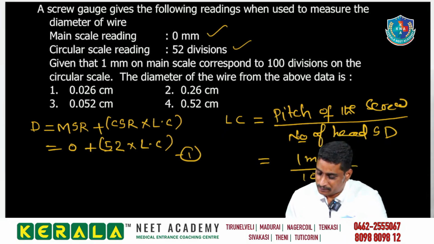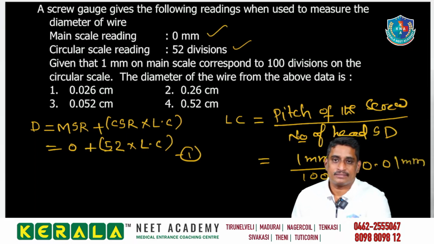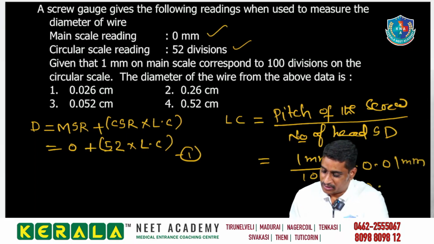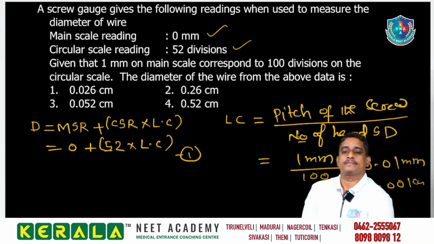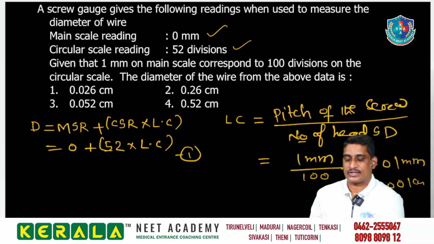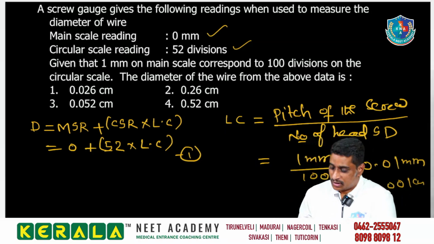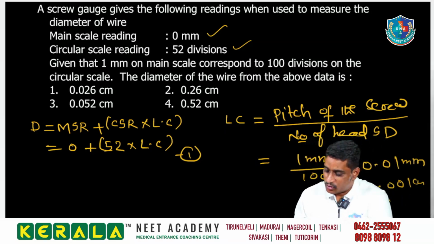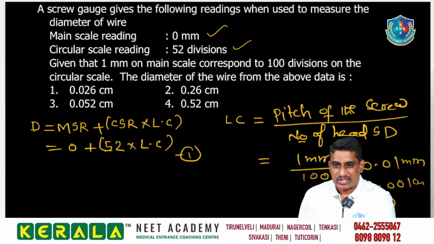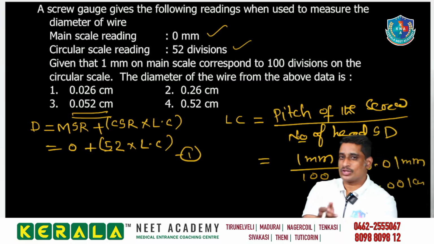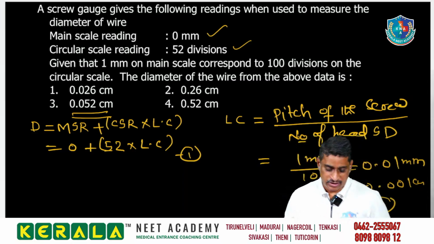Therefore, this will become 0.01 millimeters we are getting. By converting into centimeters, it will become 0.001 centimeters we will get. By substituting this value of least count in the first equation and solving this, you will get the answer as 0.052 centimeters. This is the question which was given in the 2021 NEET examination.